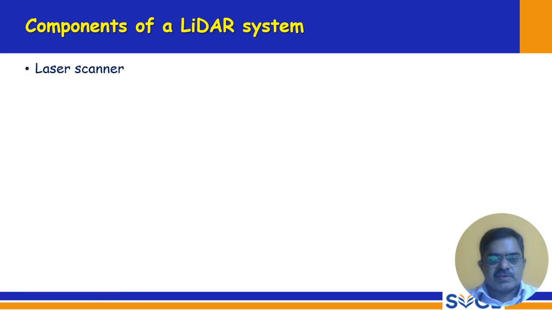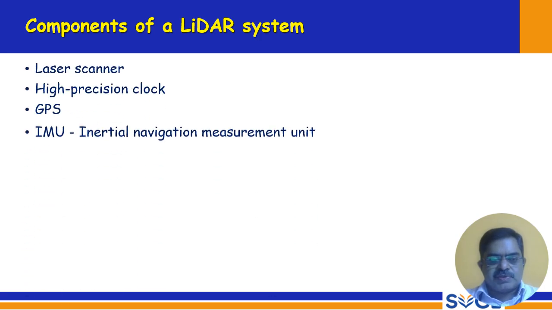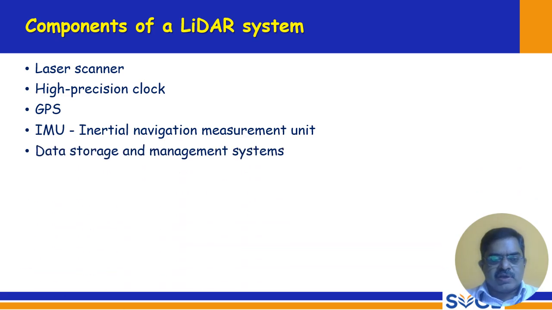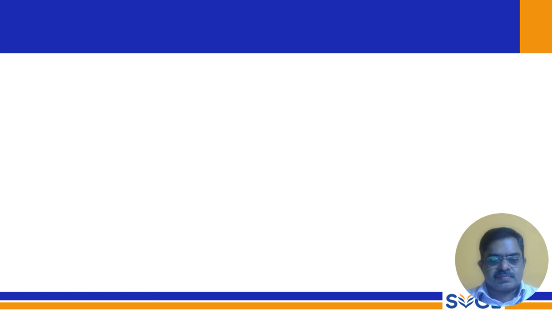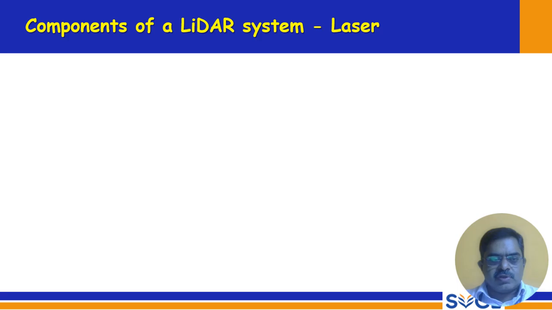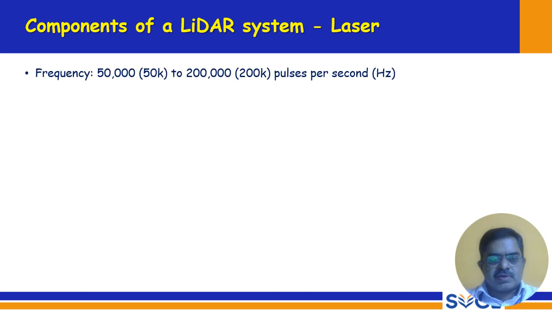Components of a Lidar system: laser scanner, high precision clock, GPS, IMU (inertial navigation measurement unit), data storage and management systems, and GPS ground station. Frequency is 50K to 200K pulses per second.